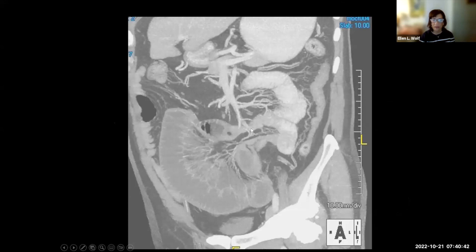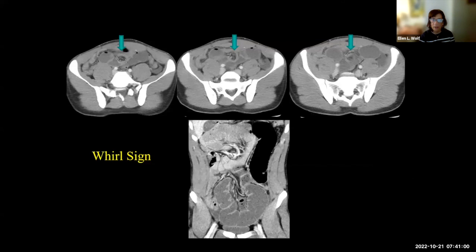These loops of bowel are obstructed at two points, which was difficult to diagnose in the axial plane. As you can see, if we're cutting across this way, it's not so obvious. So having these coronal and sagittal reformats can be very helpful.